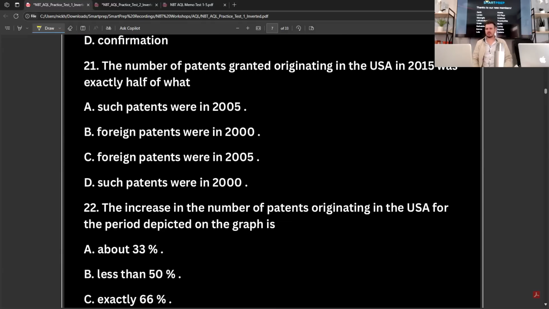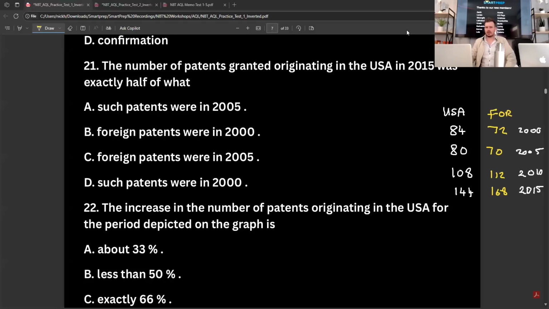The number of patents granted originating in the USA in 2015 was exactly half of what? So in 2015, I just need to put that data here again. Okay, this question here is a mistake.